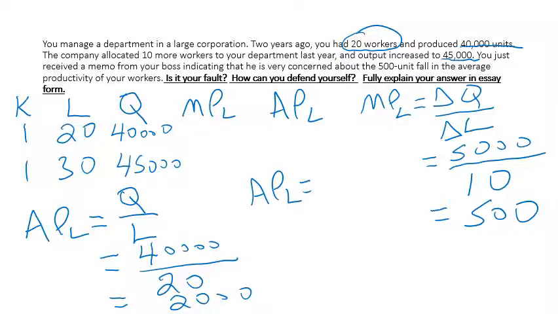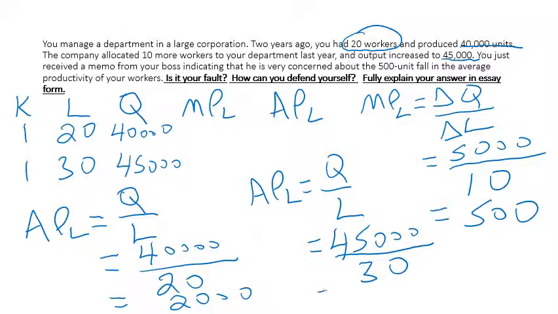All right, now APL, quantity divided by labor. Quantity divided by labor. All right. So how many units have you produced? 45,000 units. Then how many workers do you have? You have 30 workers, right?